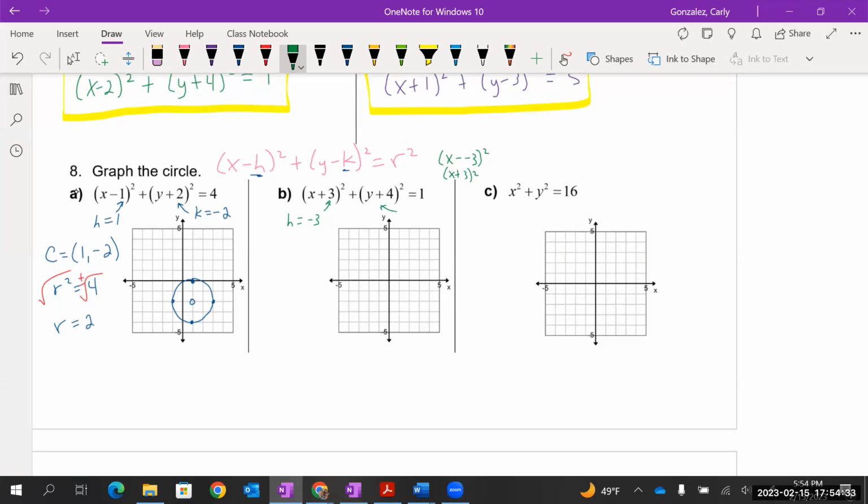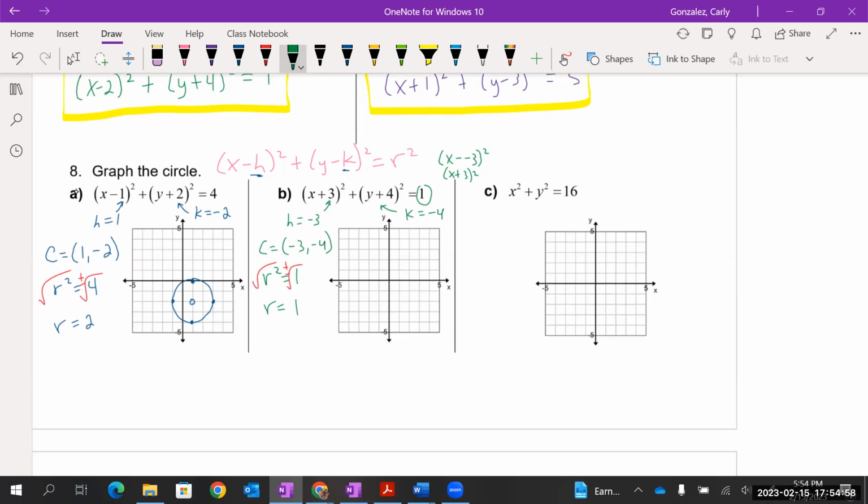Similarly, the y value of our center, k, will be -4. So our center will be at -3, -4. And r squared equals 1. So square rooting both sides, we find that r will be 1.